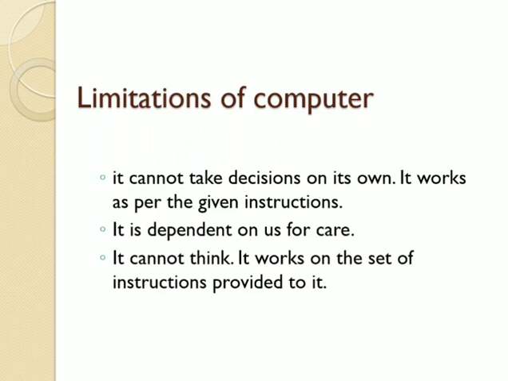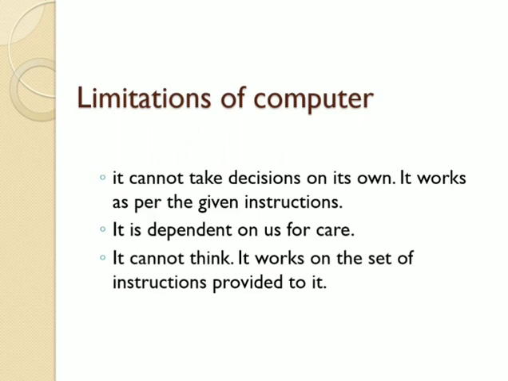And the last one, it cannot think. It works on the set of instructions provided to it. A computer is a machine, so it cannot think. If we give some task to a computer, only then will it work.